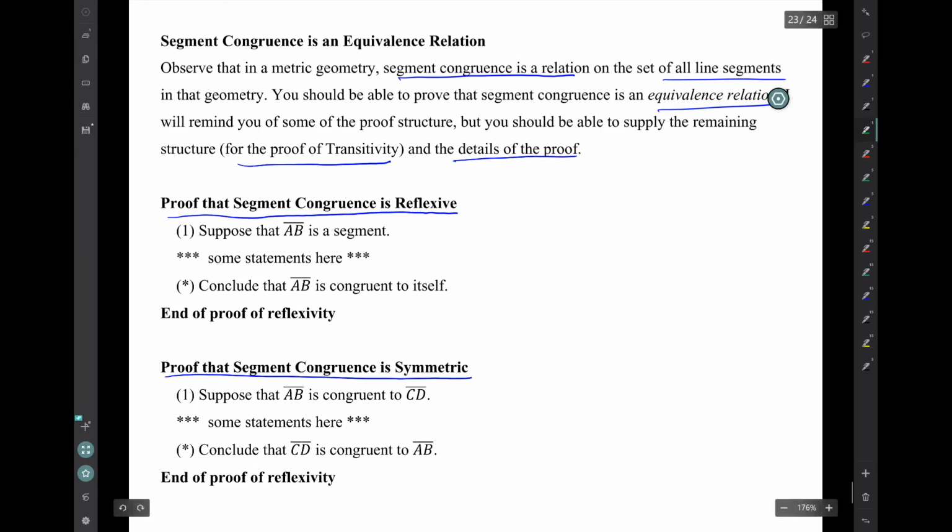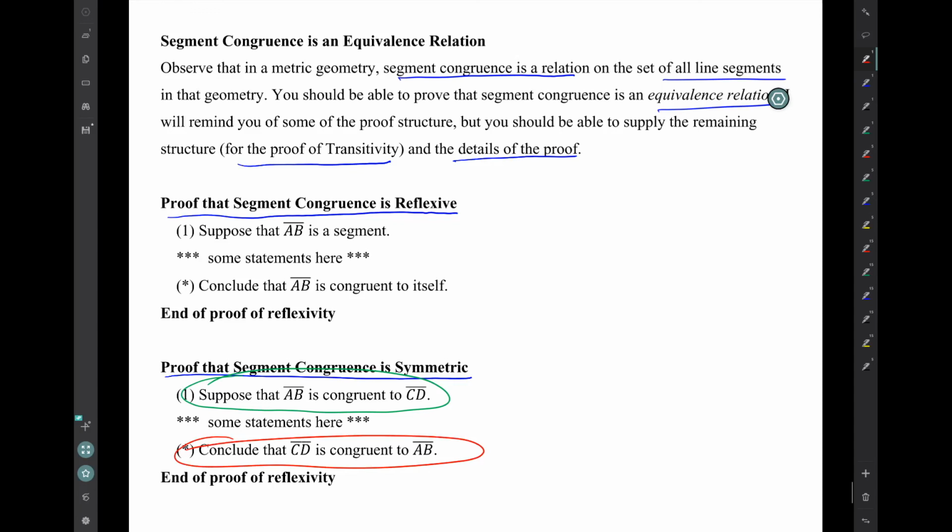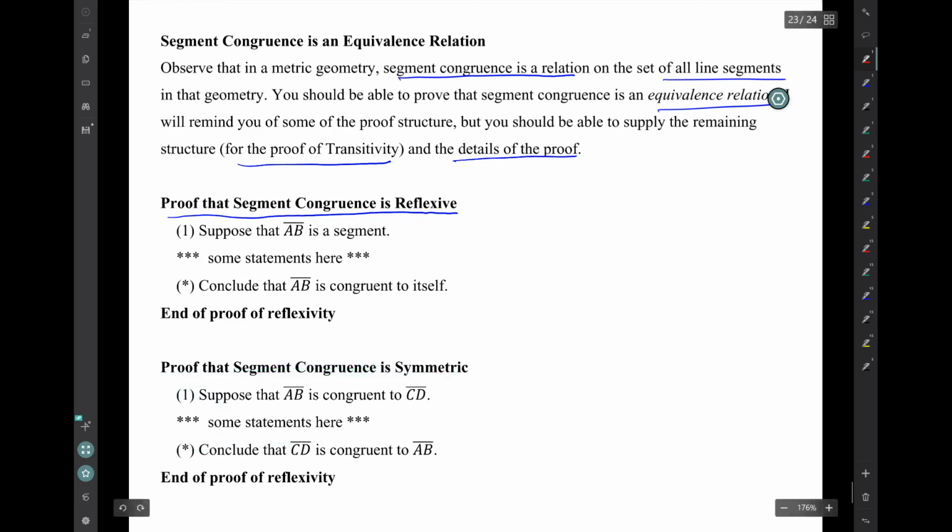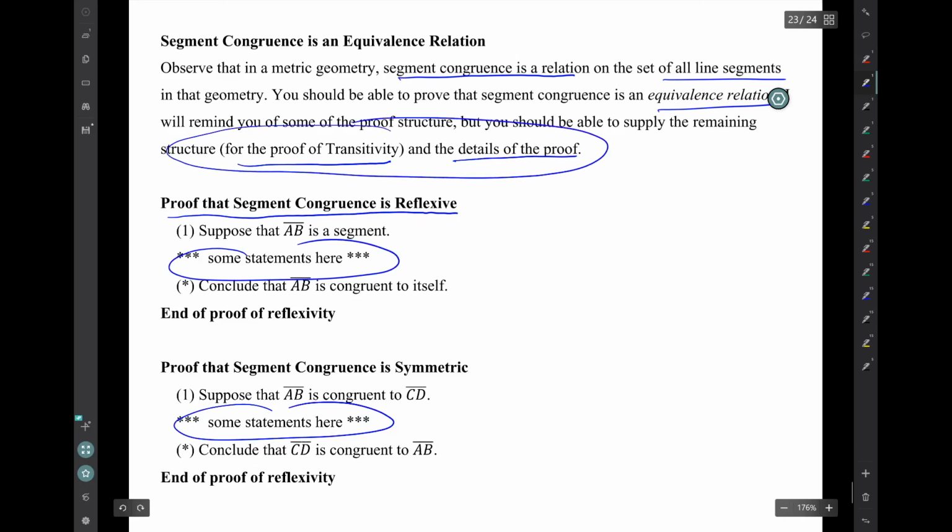Well, the proof would have to start like this. Suppose that segment AB is congruent to segment CD, and the proof would have to end with this statement. Conclude that segment CD is congruent to segment AB. There's missing stuff in the middle that you should be able to come up with. So you should be able to come up with the missing stuff here and for the structure and the details of the proof of transitivity.